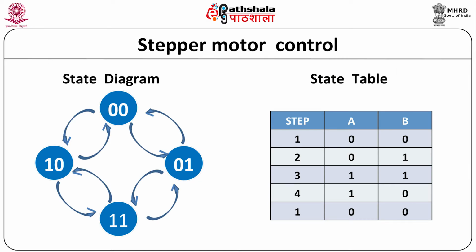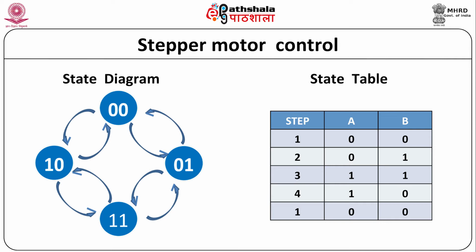If D is equal to 0, then the counter should be designed to generate the sequence of steps as shown in the state table. The sequence of binary numbers is 00, 01, 11 and 10. This sequence is required to be repeated again and again for continuous clockwise rotation, as shown in the state diagram.